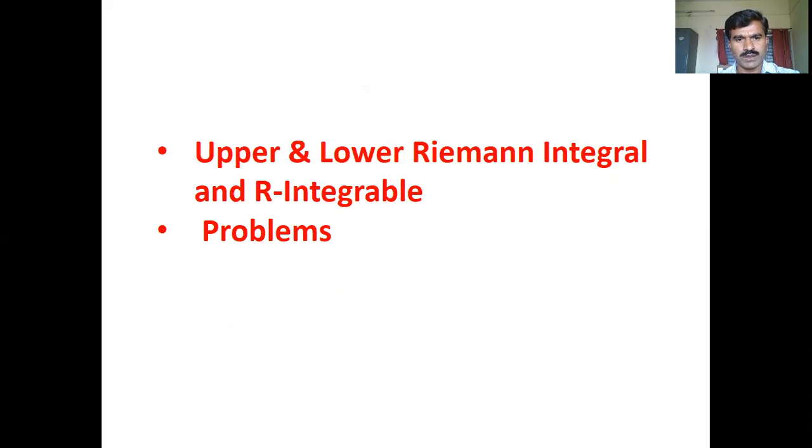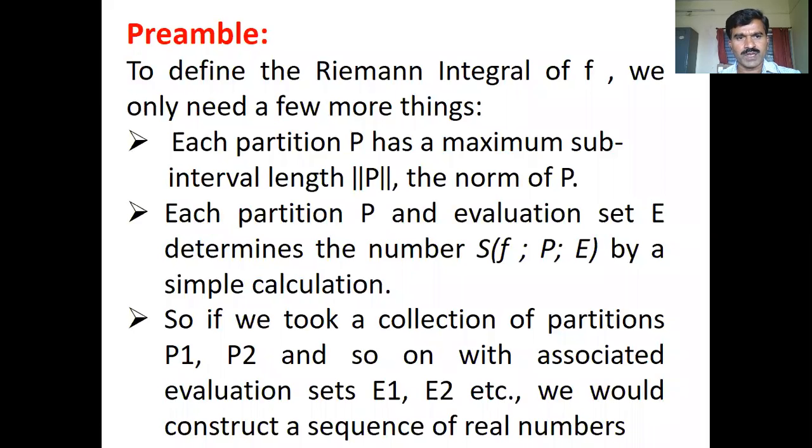So today in this session, I will cover the upper and lower Riemann integral and the R integral. We justify these definitions with problems. To define the Riemann integral of f, we only need a few more things in mind.